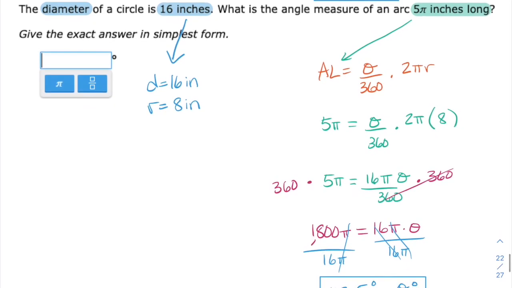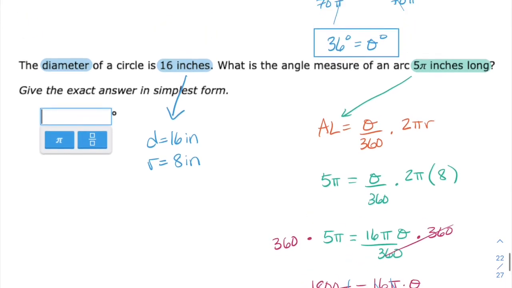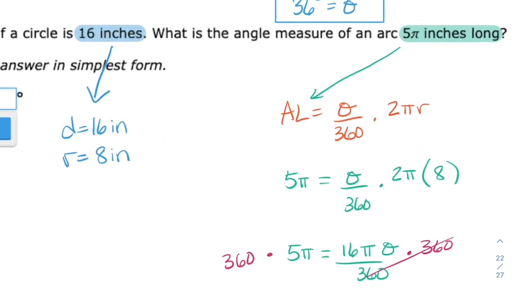Let's see. I want to make sure I did everything right because I'm getting a decimal, and it looks like the answer is needed in fraction form. So hold on one second. Diameter is 16. Radius is 8.